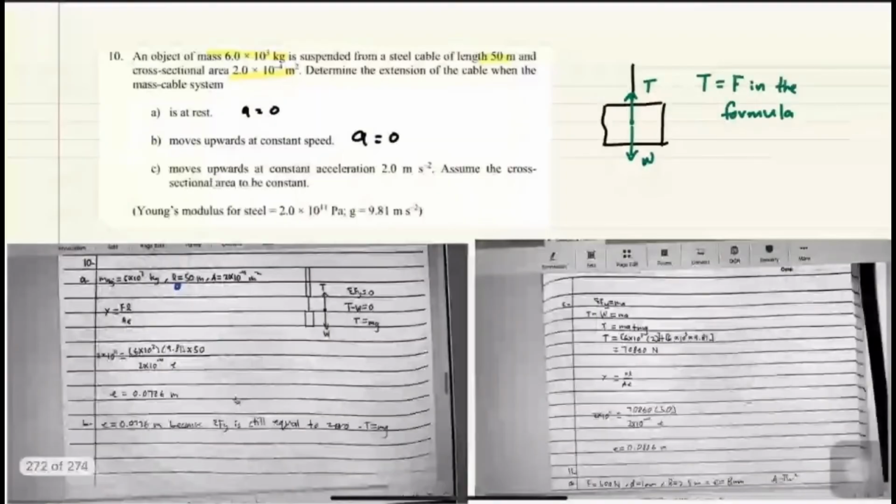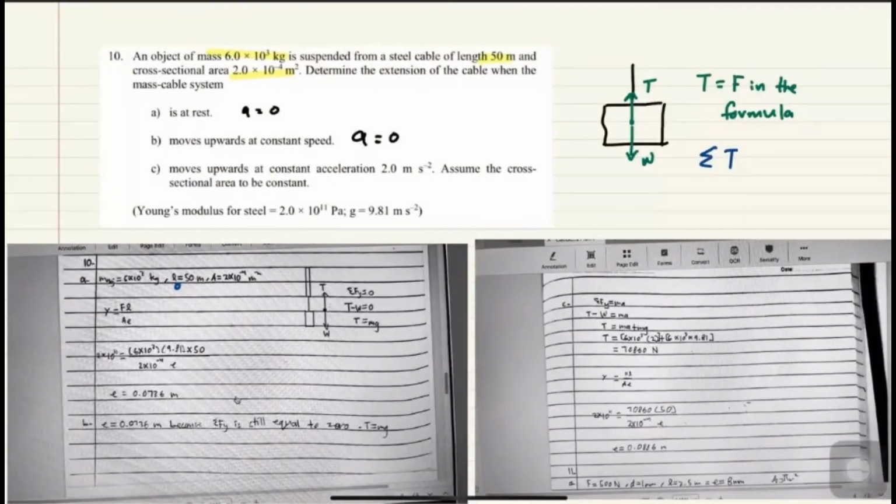So untuk soalan A tadi, kamu dapat tension dia sama dengan weight, sebab yang ini sama dengan 0. So tension minus weight is equals to 0. So your tension ni sama dengan weight. Saya bawa ke sini kan. So the weight ni yang masuk dalam nilai F tu, masuk dalam formula. Tapi sekarang ni yang case kedua tu, a dia masih lagi 0. So samalah. Tak ada masalah pun.